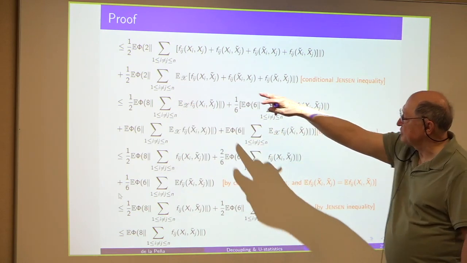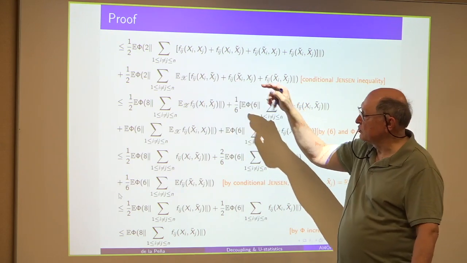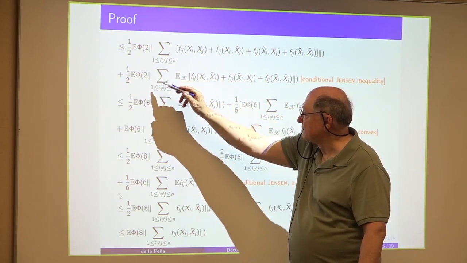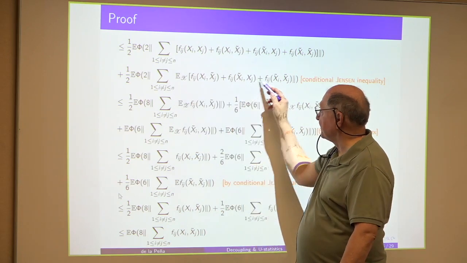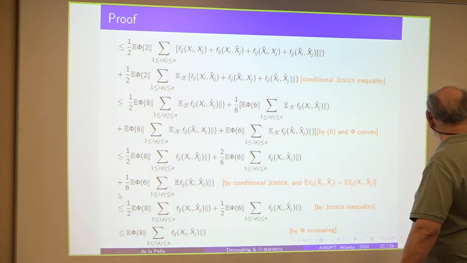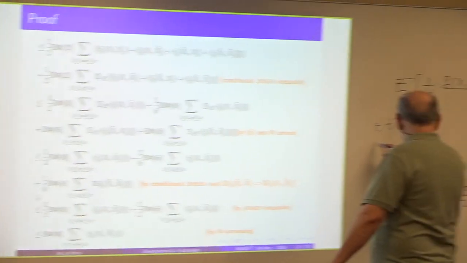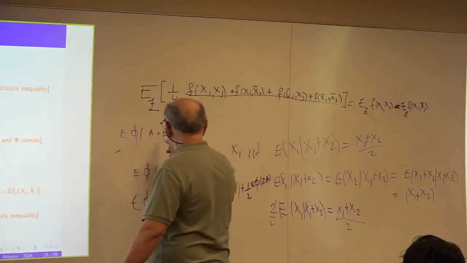Then for this term, I have 3 terms. So I multiply by 3 and divide by 3. And then I use convexity. So then I have expected phi of A plus B plus C is less than or equal. These are non-negative.